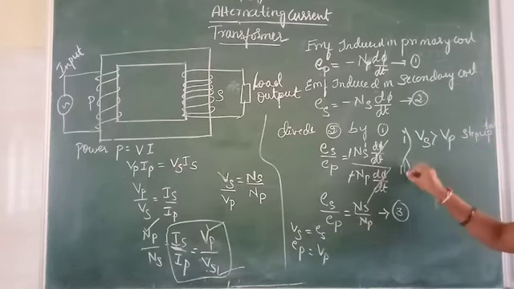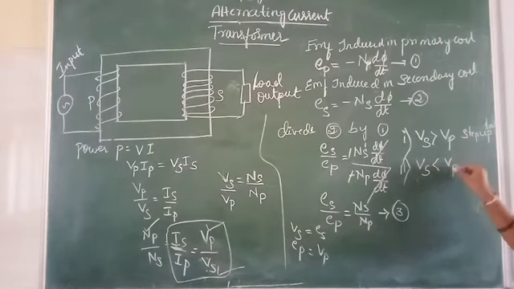Case 2: when Vs is less than Vp, at that time we call it a reducing of the voltage, so we call it a step down transformer.